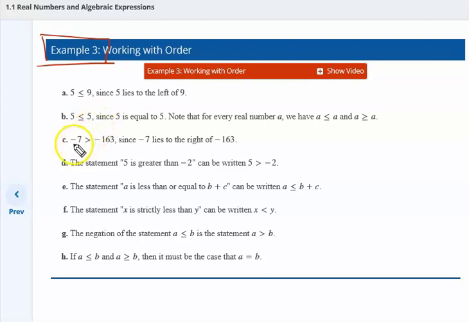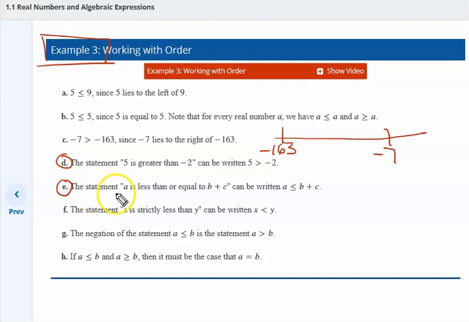Now, a negative 7 is greater than a negative 163. Again, if you put this on a number line, a negative 7 is over here, and way over there is a negative 163. The statement 5 is greater than negative 2 can be written 5 is greater, using the symbol, than negative 2. We're just copying these down here.